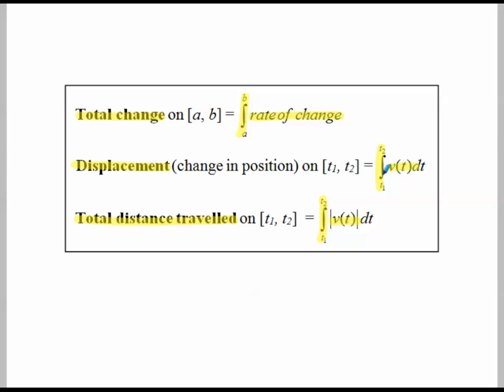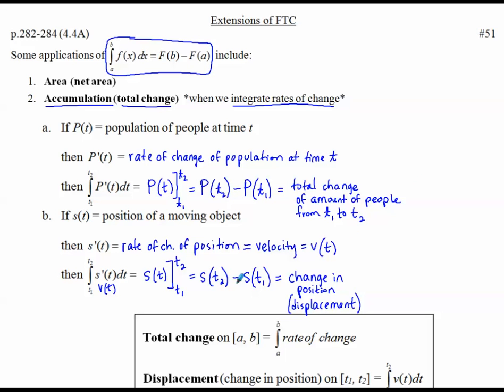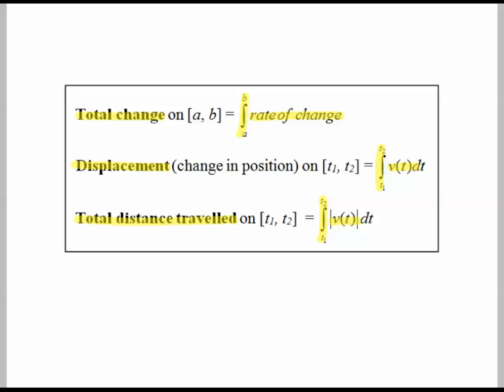Because we're not just finding the difference between the positions, the position at one point in time minus the position at another point in time, but rather we're adding up all of the movement that took place, not just where we ended minus where we started, but we have to add up all of the movement that came in between.